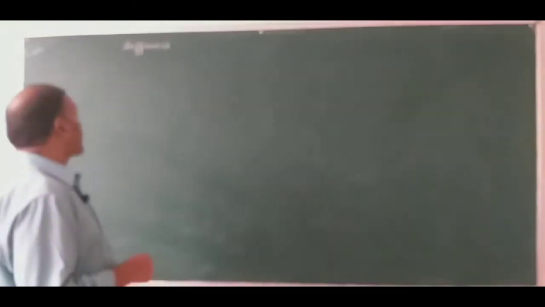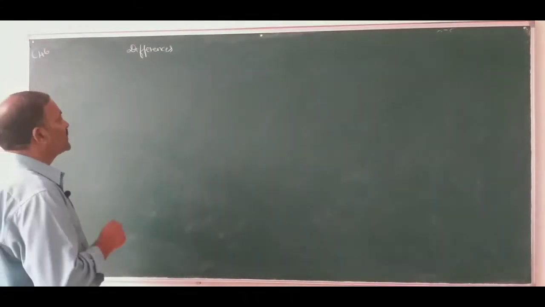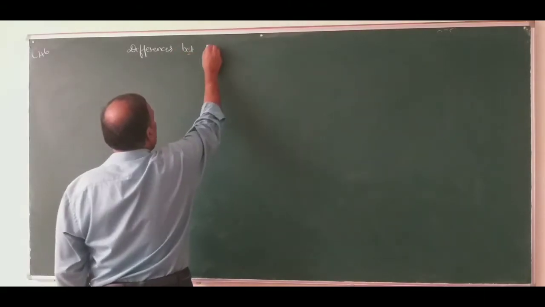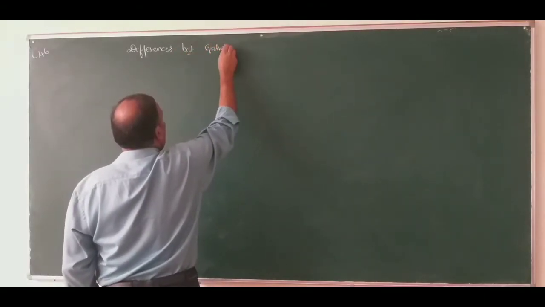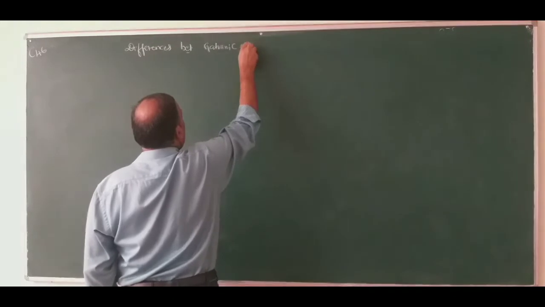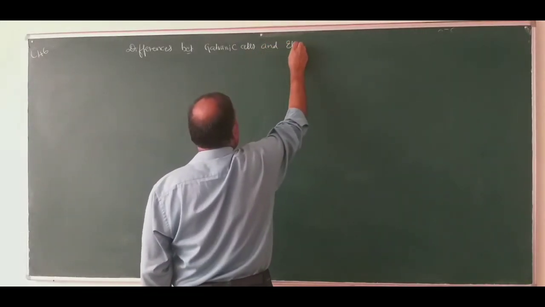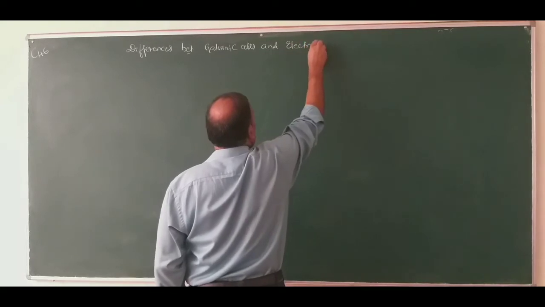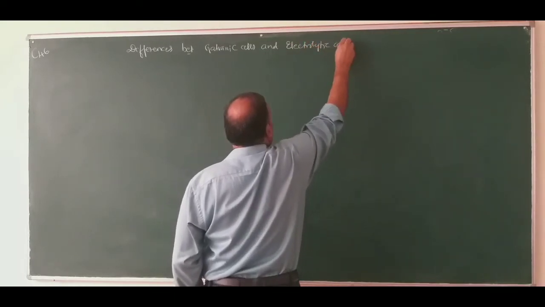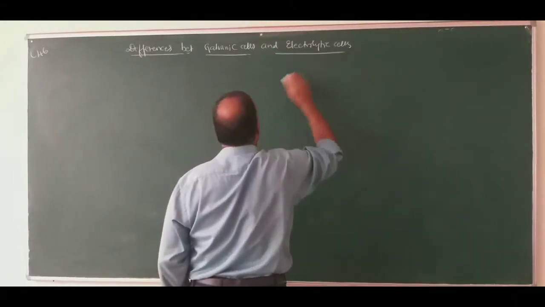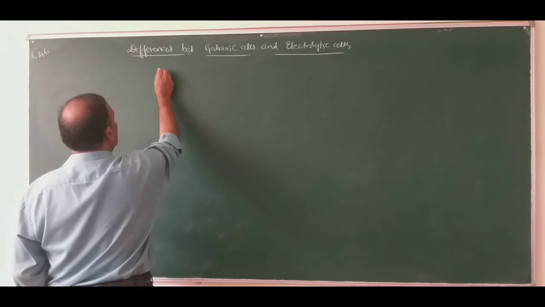So today we will discuss the differences between galvanic cells and electrolytic cells. Make two columns.